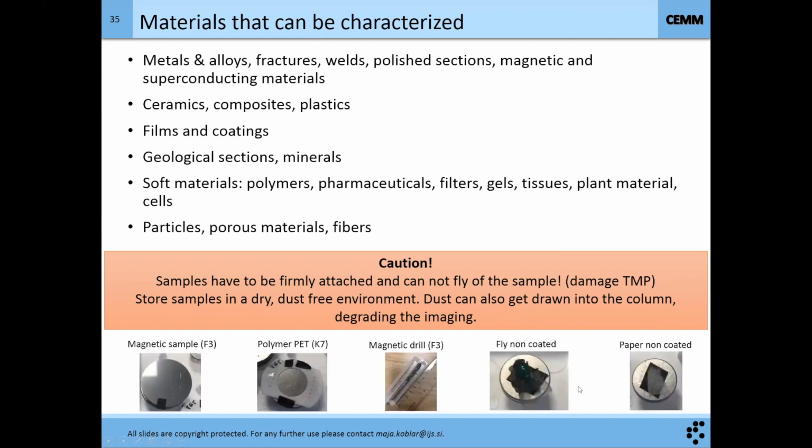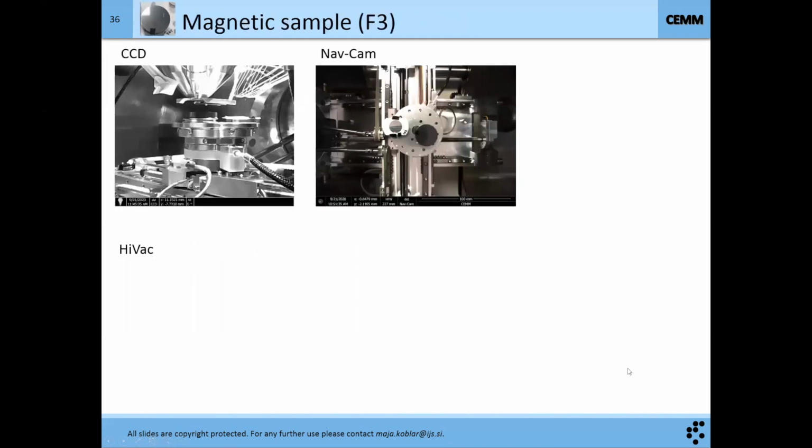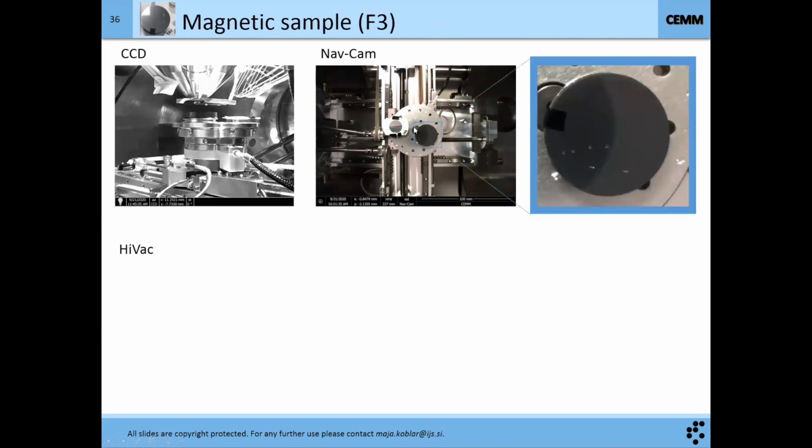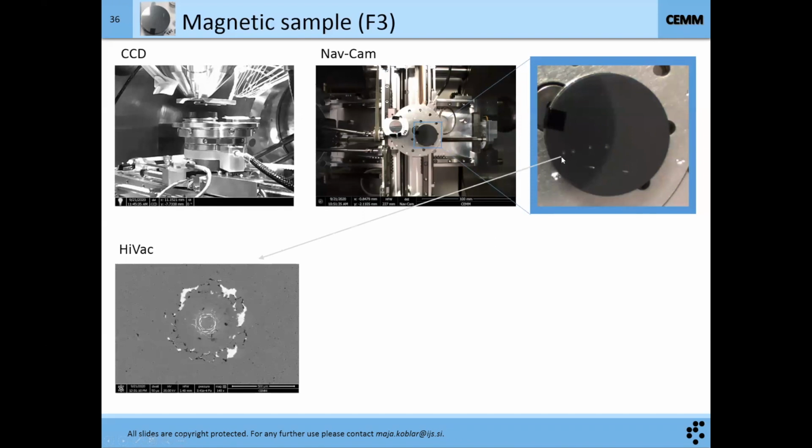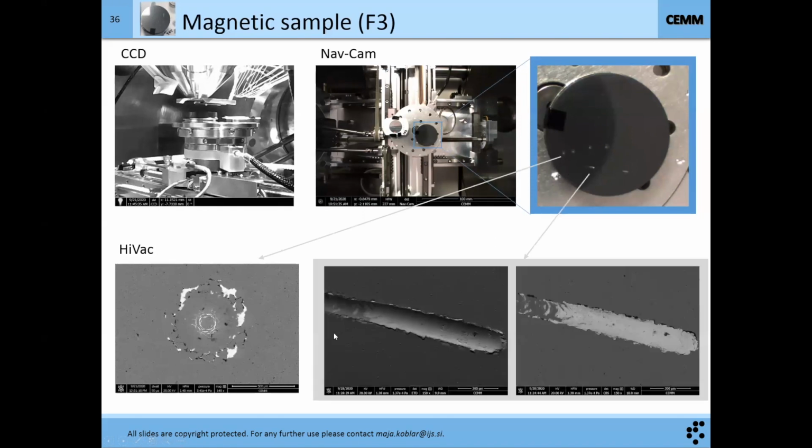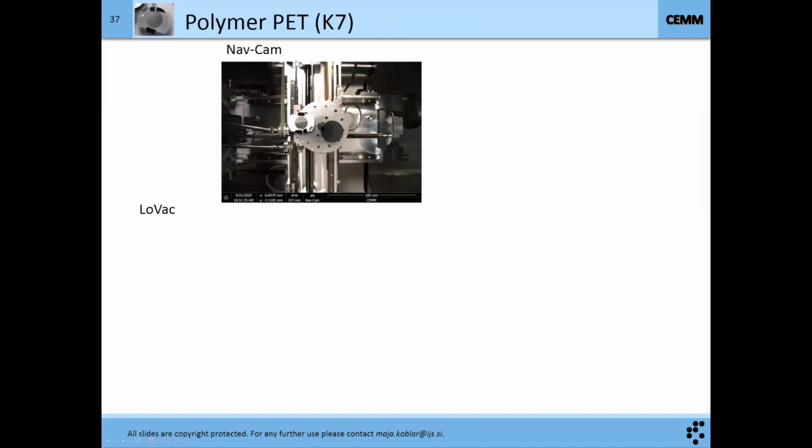So these are some examples from the first trainings that we have had. This is the CCD image of the magnetic sample and the NavCam. You can easily see on the NavCam where you want to do an SEM analysis, and you can correlate that with the images. The polymer here is from Ateca.